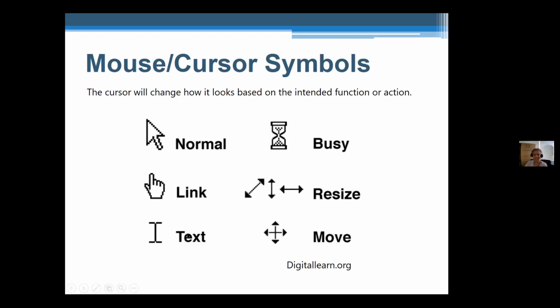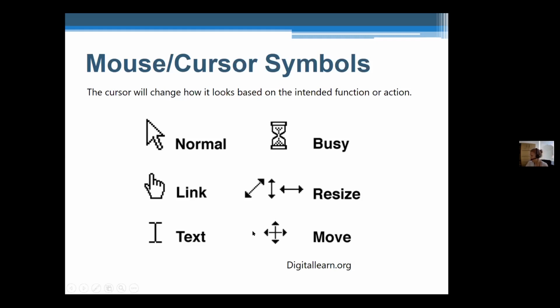When you want to put in text, that's when you get the one that we call a cursor as well, and it looks kind of like an I. That would be if you were typing a website address or typing a document in Microsoft Word or anything like that. So it's basically whenever you want to do text. Move looks like the four-pointed arrow here at the bottom.